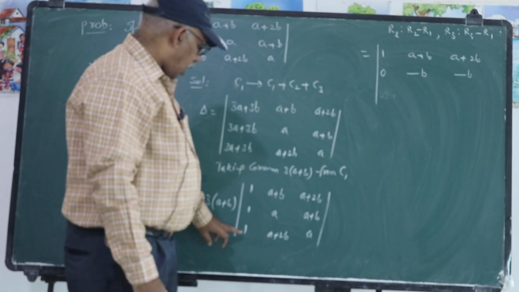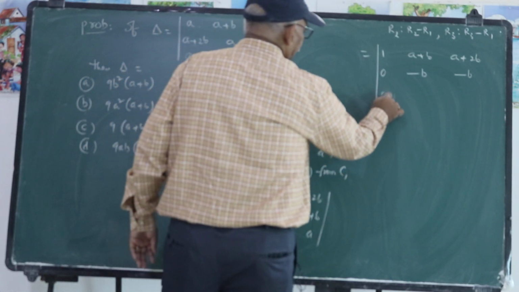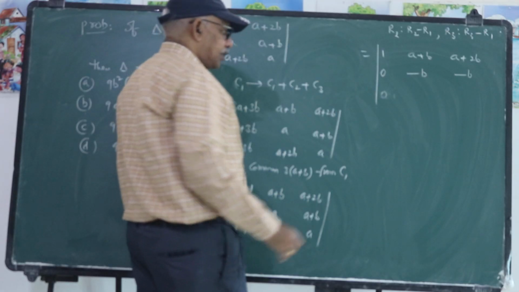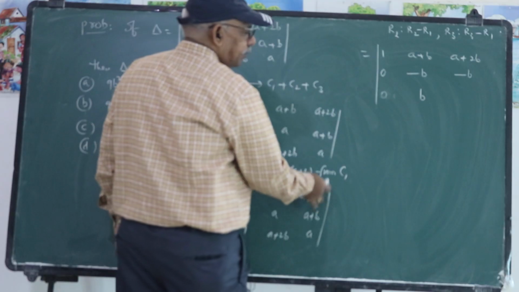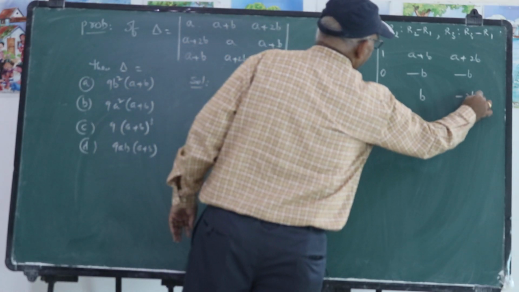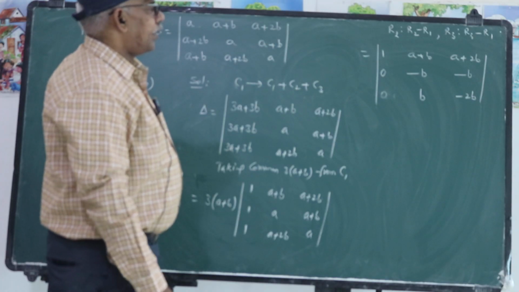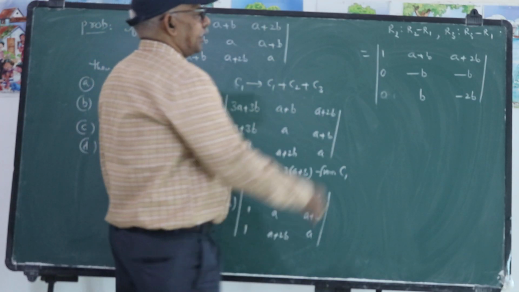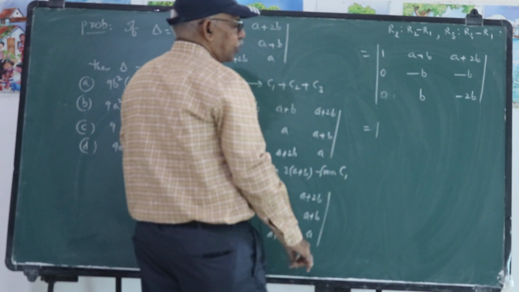Similarly, R3 minus R1. R3 minus R1 is 0. A plus 2b minus a minus b, that gives us b here. A minus 2b, that gives us minus 2b. Now evaluate by expanding the determinant about the first column.